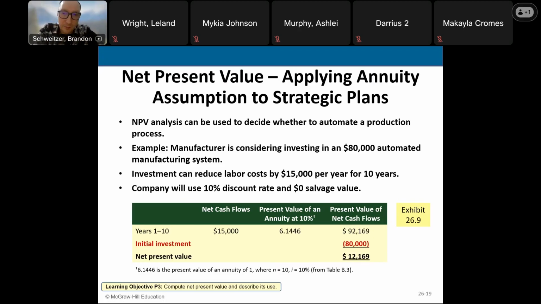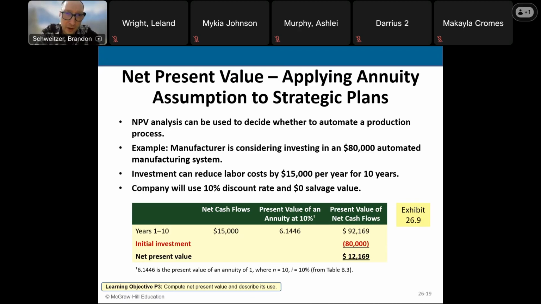So that's why personally I prefer using a financial calculator when it comes to calculating net present value. It's just way easier. Okay? But I'm showing you this from this perspective because I need you to understand how it's calculated. Okay.